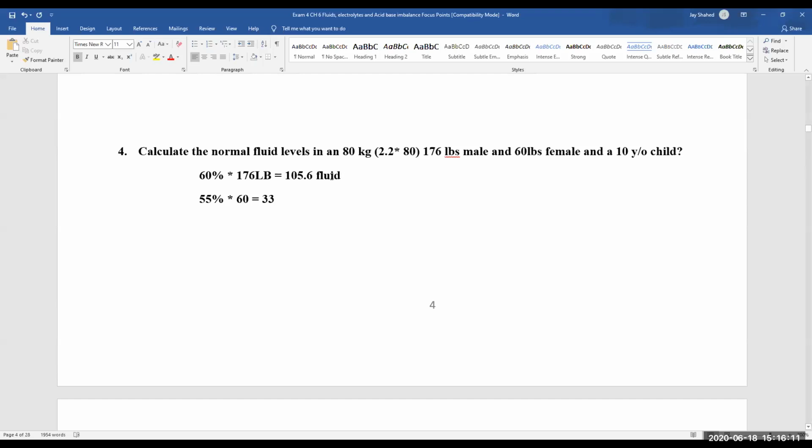So 105 pounds of his weight is fluid. Oh, okay. I thought we had to convert it to liters or something, but no. Okay. Thanks. So 105 pounds is fluid. And this one is 33 pounds is fluid.